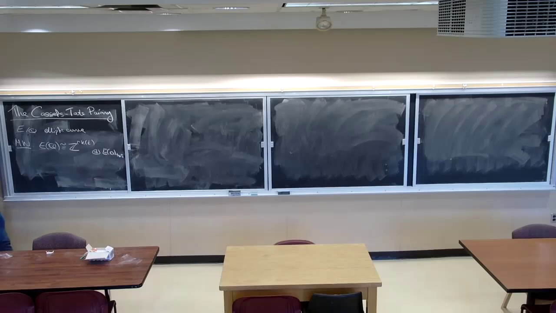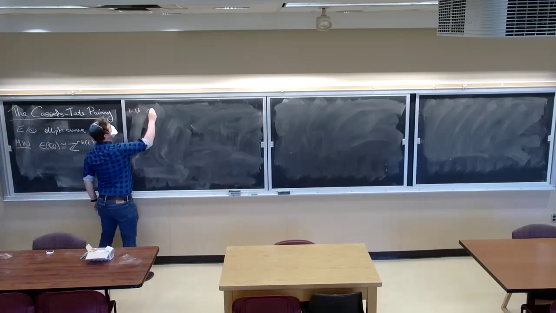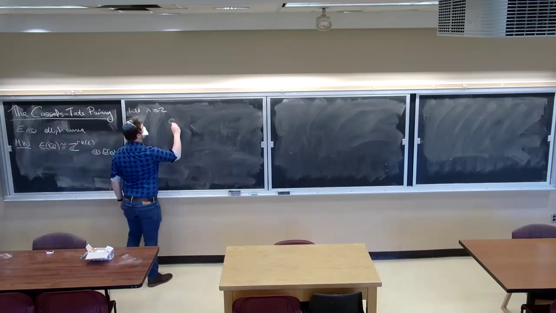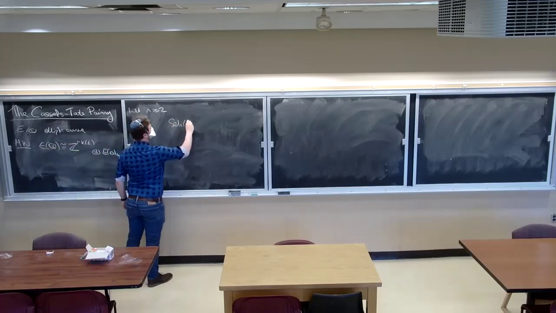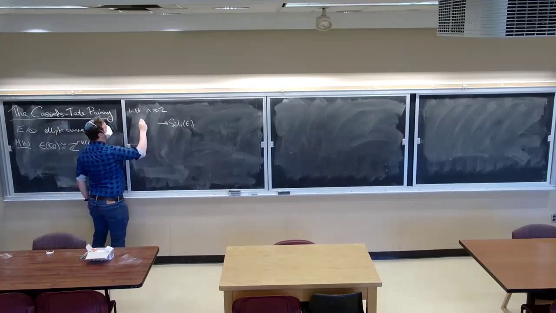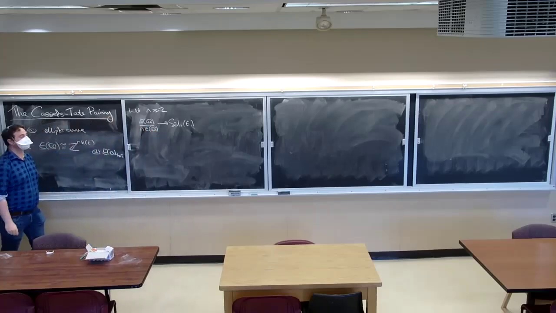And one of the main tools that we have at our disposal to do this is Selmer groups. So if I let n be an integer greater than or equal to 2, I have this thing called the n-Selmer group that we've defined. And sitting inside this n-Selmer group are the Q-rational points where I mod out by the Q-rational points that are divisible by n.